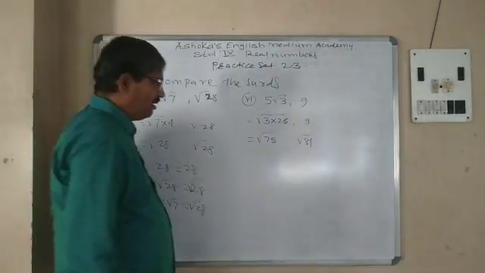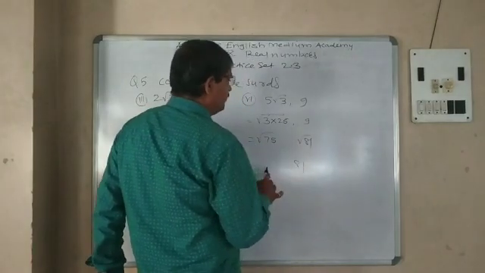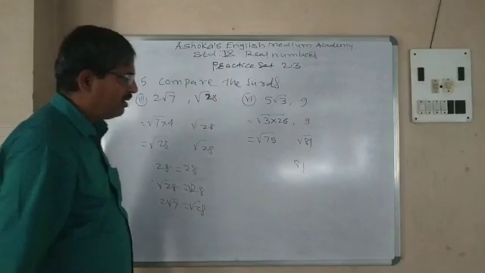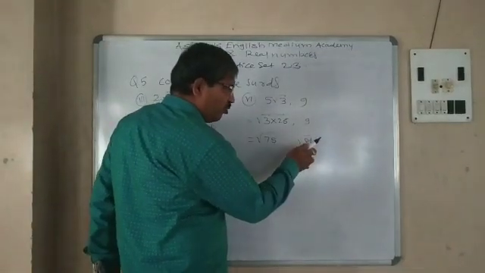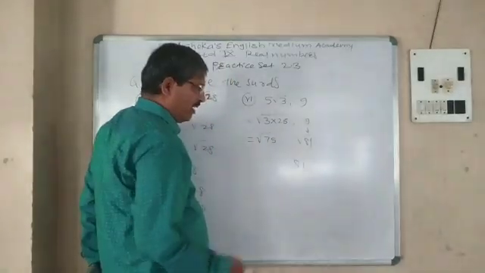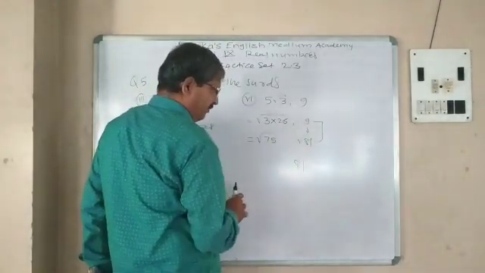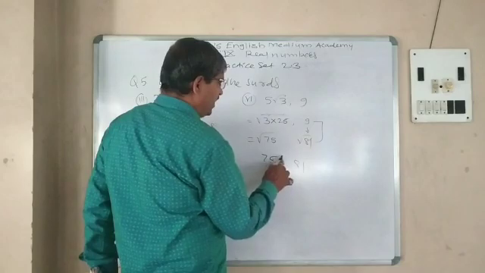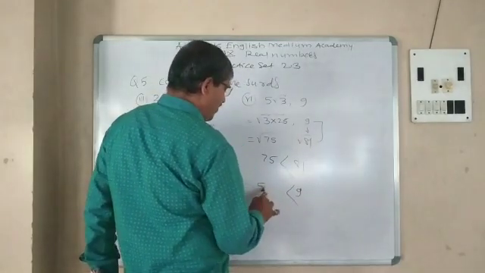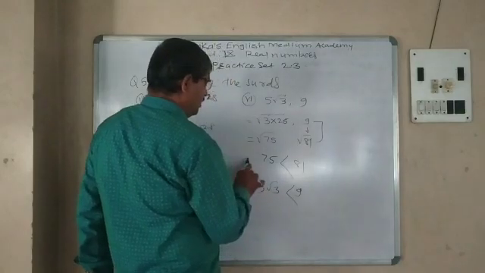Square root of 81 is 9, so both are the same, under root 81. Now 75 and 81, 81 is greater. It means 9 is greater than 5 under root 3.